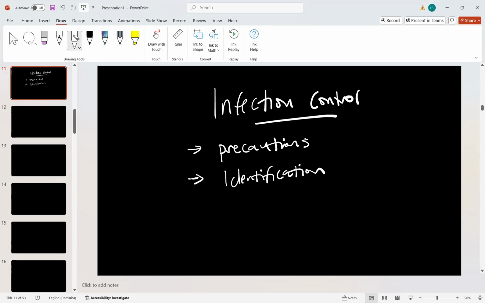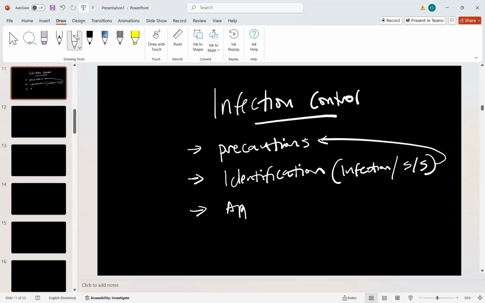That is when you try to identify the infection that the NCLEX provided in the question, or the sign and symptom related to that infection. You identify it and you place it in one of those precautions, right? Now, the last part is when you now apply the precaution. That's when you now apply the precaution.